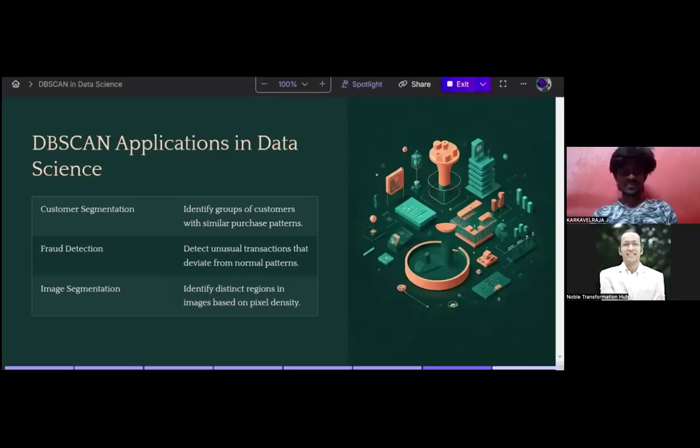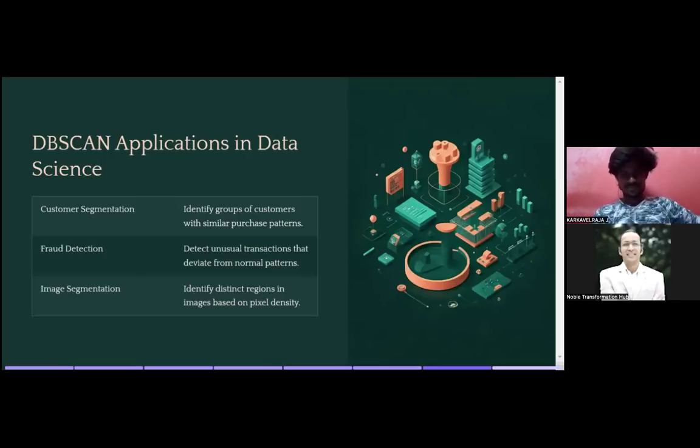DBSCAN applications in data science or AIML: customer segmentation. Wherever you need customer segmentation, you can apply DBSCAN, identifying groups of customers with similar purchase patterns. Whosoever has customers and wants to identify such groups can use DBSCAN.